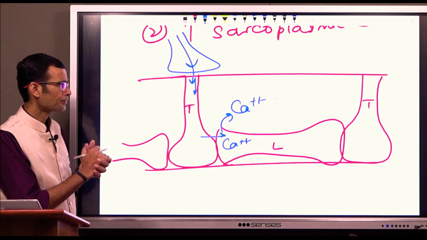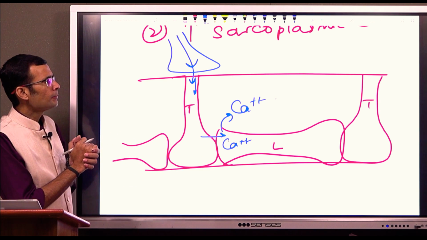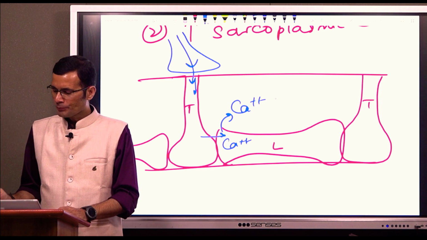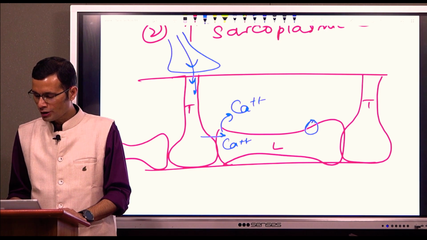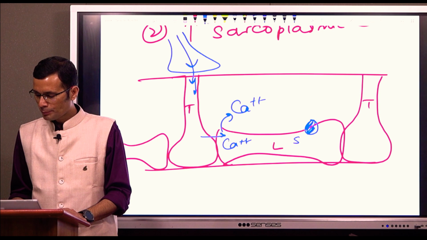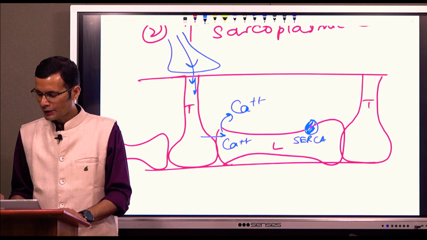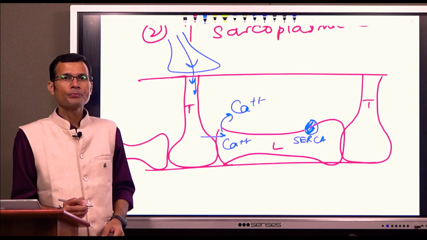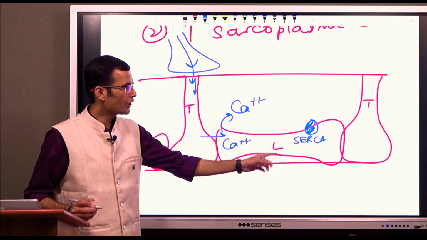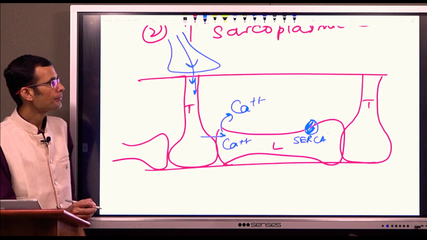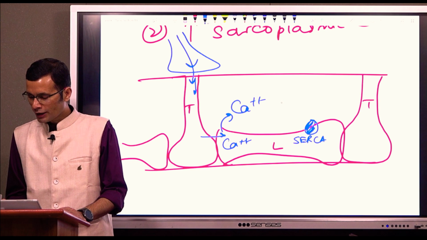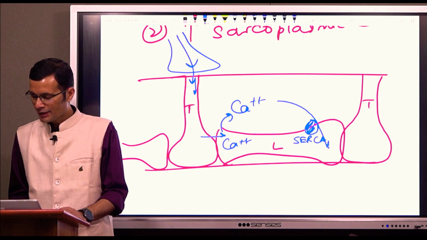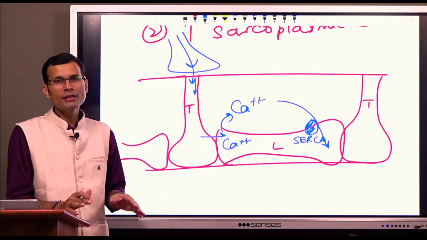We know this. Now, for relaxation to occur, there is a protein in the L tubule membrane called SERCA, sarcoplasmic endoplasmic reticulum calcium ATPase. It will remove the calcium from the sarcoplasm and send it back, and the muscle will relax.